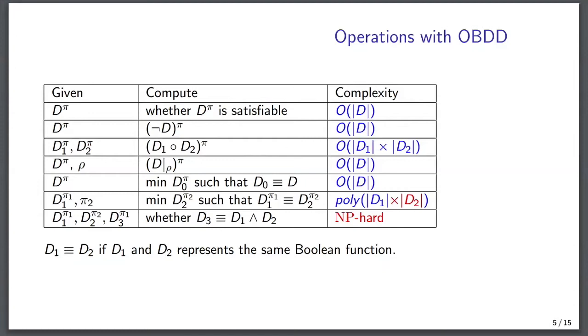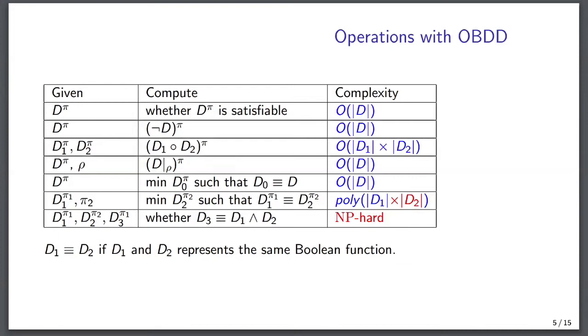And why do many people like OBDDs? Because of the next property: given the order, there is a very fast algorithm that constructs the minimal size OBDD for this order of variables. There are also efficient algorithms that, given an OBDD in one order, construct an OBDD in another order, and the complexity of this algorithm is polynomial in the sizes of input and output.